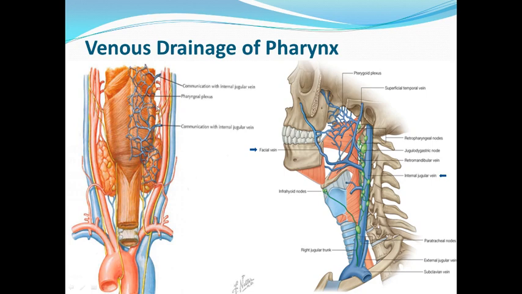Within this pharyngeal plexus the venous drainage from the pharynx will finally drain, and this venous plexus will drain its venous blood into the facial vein and the internal jugular vein.